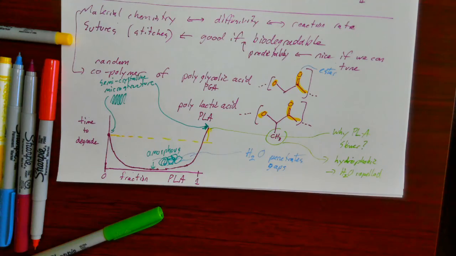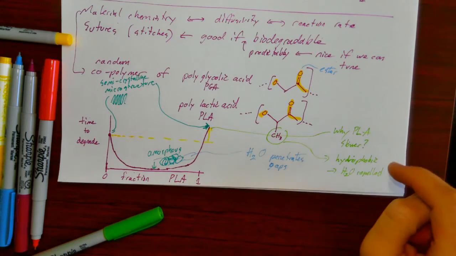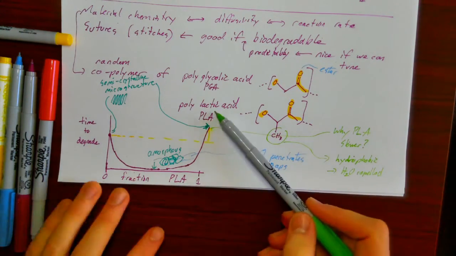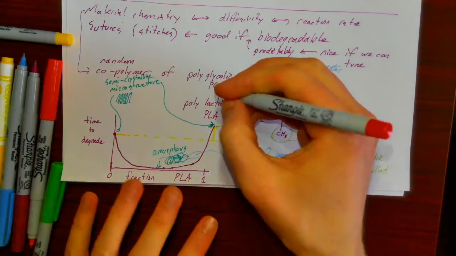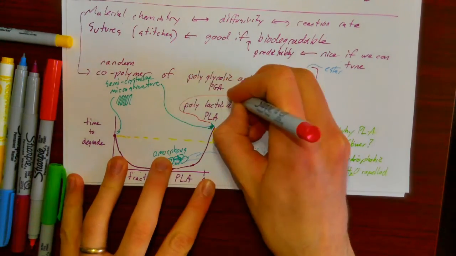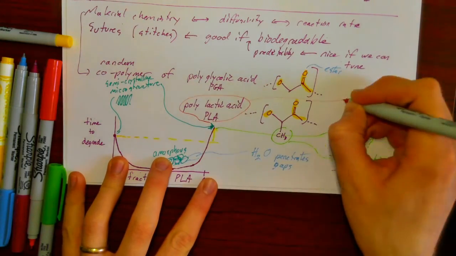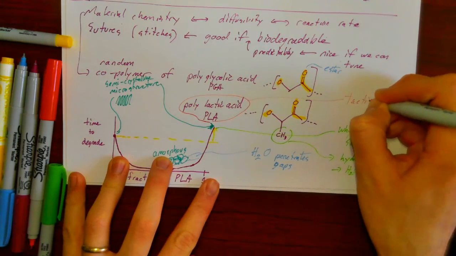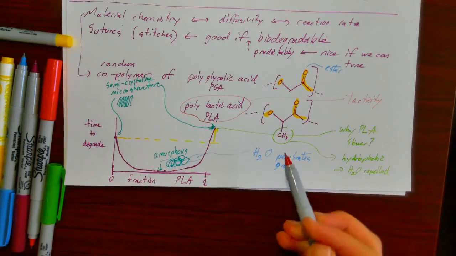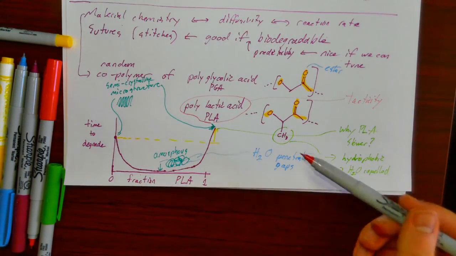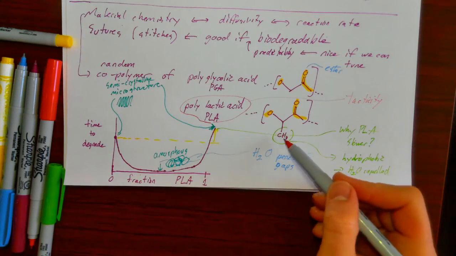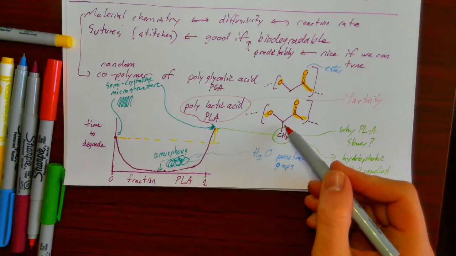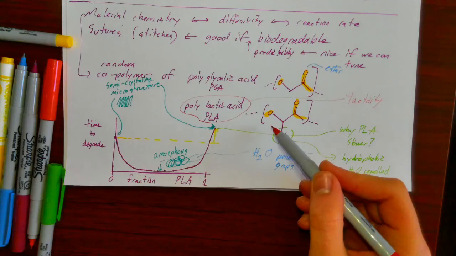One final thought is this, the polylactic acid. Take a moment now and think about tacticity. Can polylactic acid exhibit tacticity? Well, yes, it can. This methyl group can either stick out of the page or into the page.